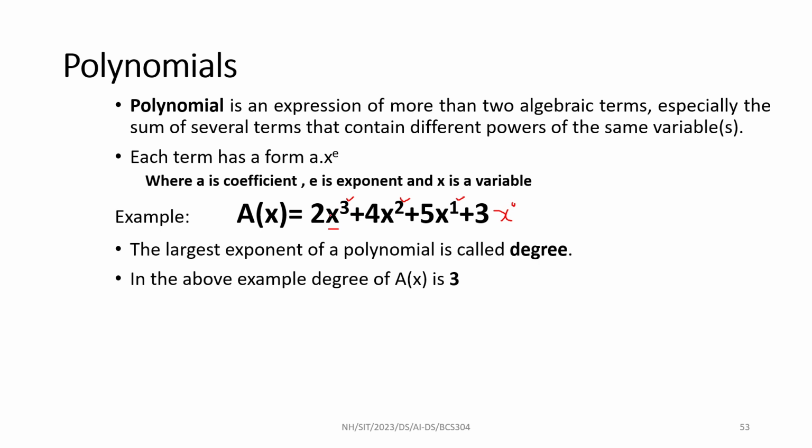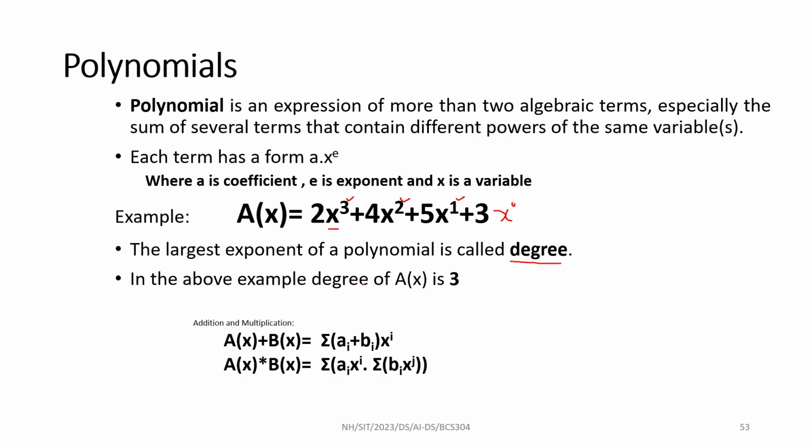The first term's coefficient is 2, second term's coefficient is 4, third term coefficient is 5, fourth term coefficient is 3. You can see all the exponents are arranged in the descending order. You can observe 3 is the highest power. That 3 is called degree of the polynomial. Highest exponent is the degree of the polynomial.